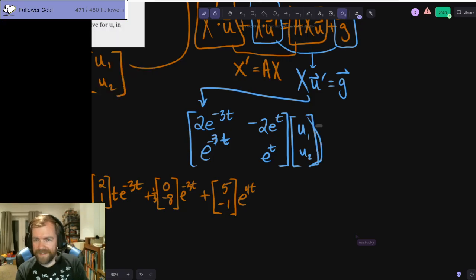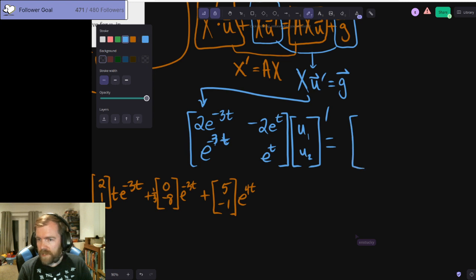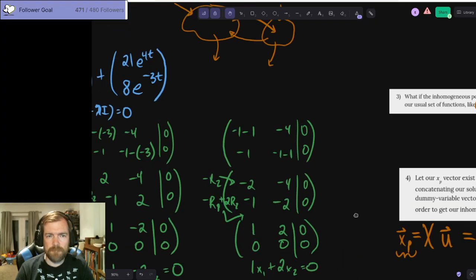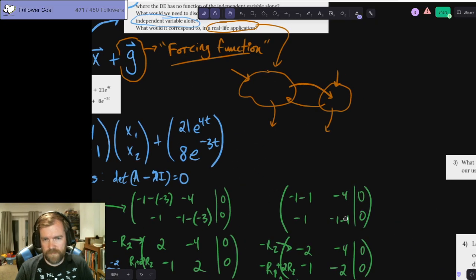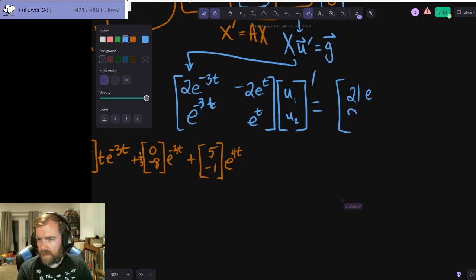Scaladraw is just trolling me at this point. All right, must be equal to, now we get our g, which was 21 e to the, is it negative 3t? No, that was on the bottom. 21 e to the 4t and 8 e to the negative 3t.